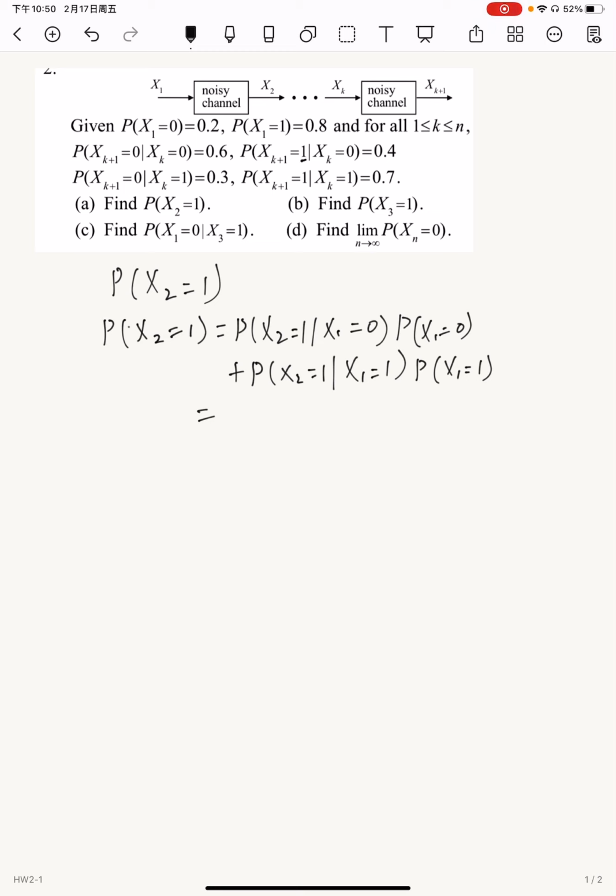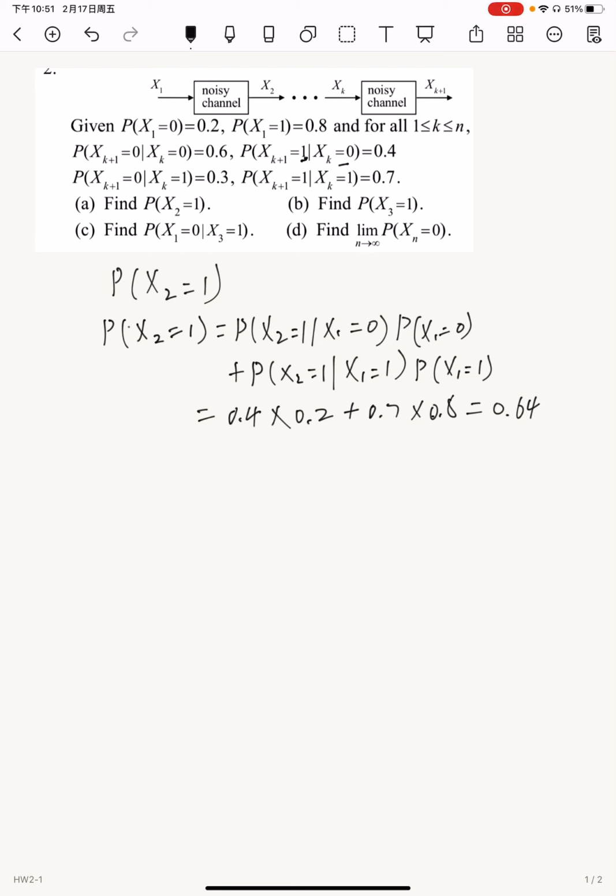We can know that P(1|0) is 0.4. 0.4 multiplied by the probability that x1 is 0, which is 0.2, plus P(1|1) is 0.7 multiplied by 0.8, so it's 0.64.